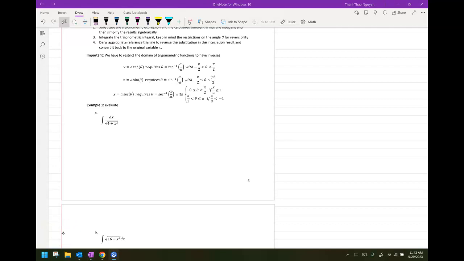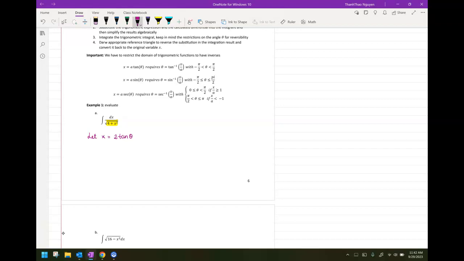So let's take a look at the first problem. We have the integral of 1 over the square root of 4 plus x squared. Like I said, we have a plus x squared in the denominator, so we would choose tangent as our substitution. I go ahead and let x equal a tangent theta, so that will be 2 tangent of theta, and theta has to be between negative pi over 2 and pi over 2.